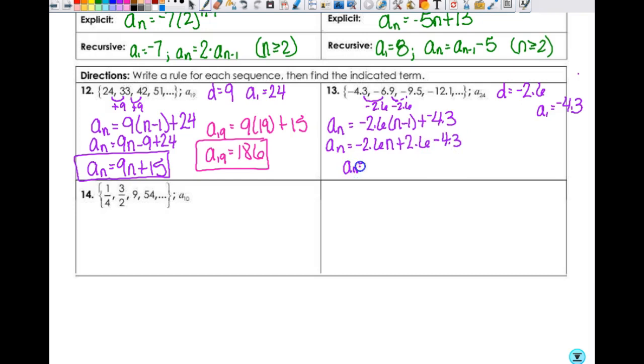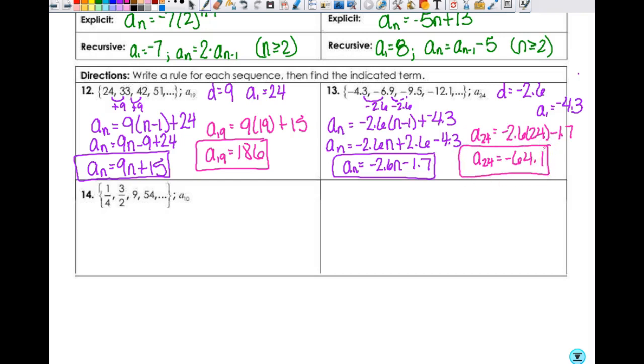So A sub n is equal to negative 2.6n minus 1.7. There's my rule. Then I need to find A24, which means it's going to be negative 2.6 times 24 minus 1.7. So A24 is equal to negative 64.1.